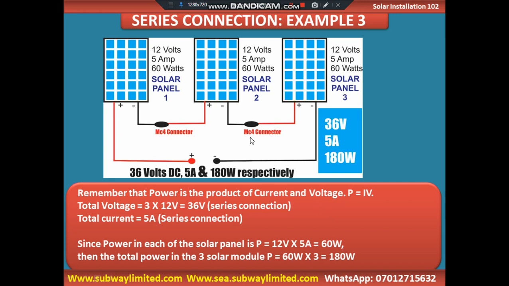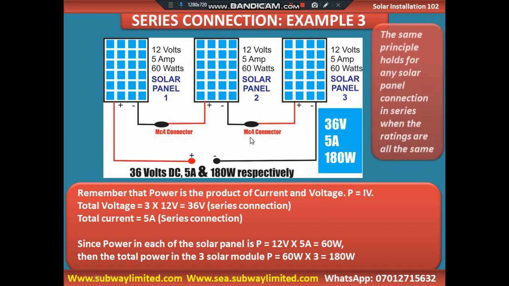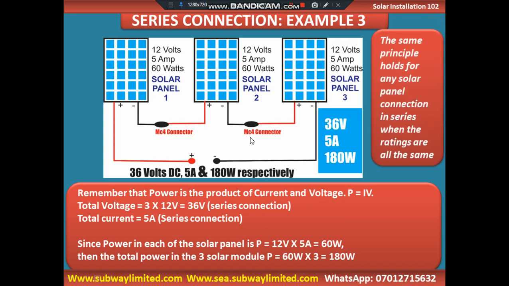That is how you get to understand how to connect solar panels in series. The same principle holds for any solar panel connection in series when the ratings are the same. Even though you have 1000 solar panels and you connect them in series, the voltage will always increase, but the voltage will be too much for you to send to a component.